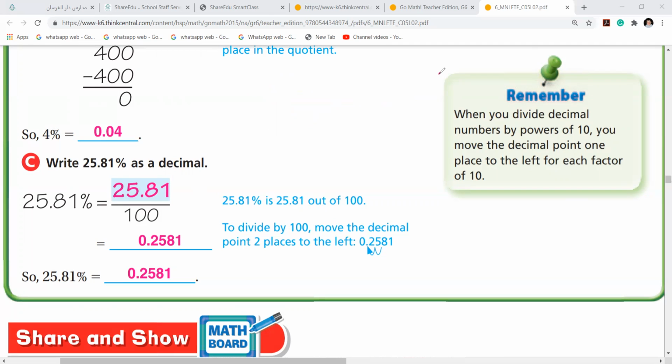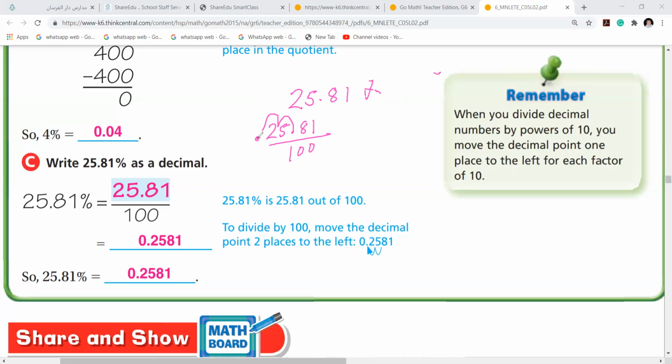I didn't understand this one. See, Malak, 25.81%. When it is percent, that means 25.81 over 100. How many zeros here, Malak? 2. Where's the point? Here. Put your pen to the point. 1, 2.